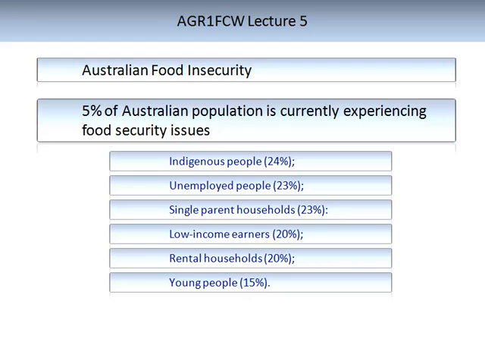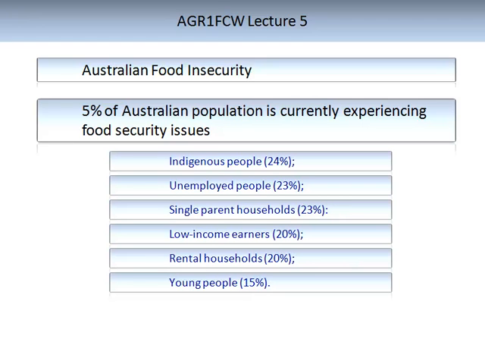So, looking at food security from an Australian perspective, who suffers or experiences food insecurity in Australia? Well, a staggering 5% of the Australian population is currently experiencing food security issues. I say a staggering 5% because we think of developed countries as not encountering such issues, but this simply isn't true.